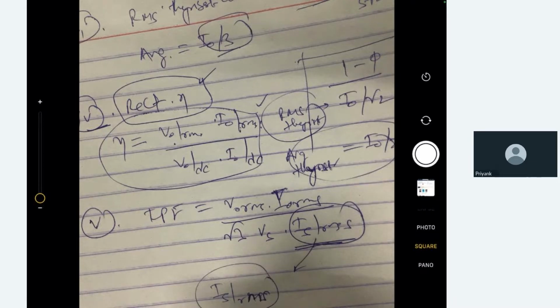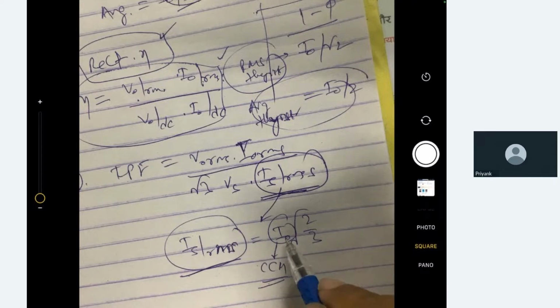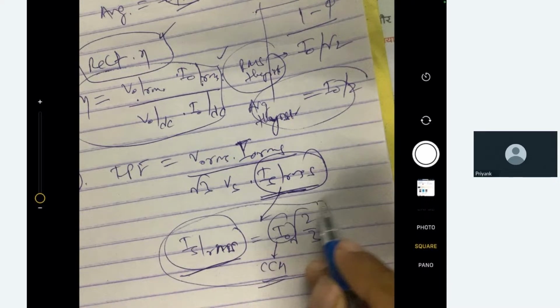The easy option here, in my opinion, is that its value is I0 under root 2 by 3 if we assume CCM. As far as I remember, this value is there. It needs to be verified, and accordingly it will fall.